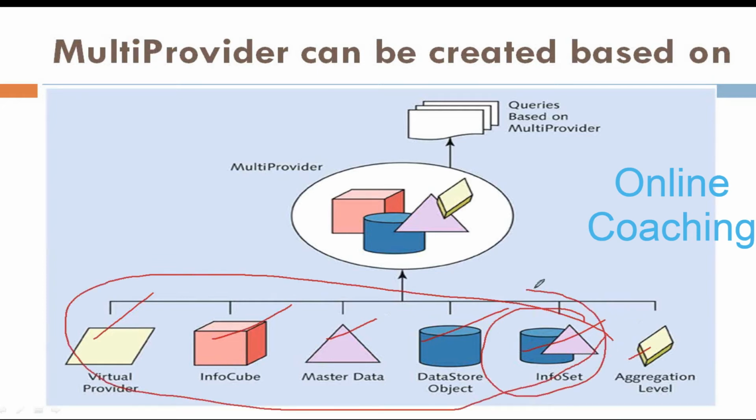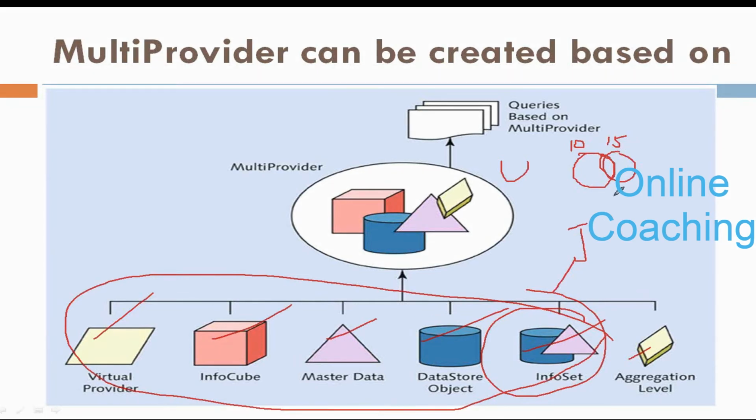Info set and multiprovider: multiprovider uses the union operator, info set uses the join operator. What is a join? A join is nothing but only the common records. You can take two info cubes and add them. For example, here I have 10 records in one info cube, and 15 records in another info cube, but 10 records are common.